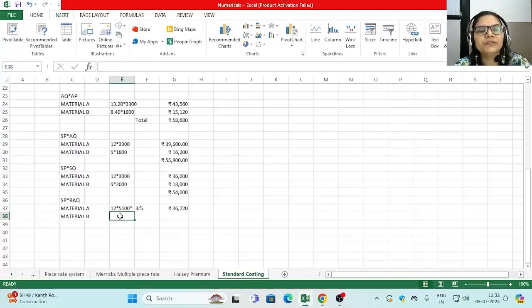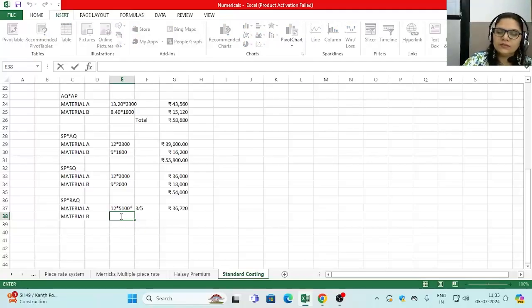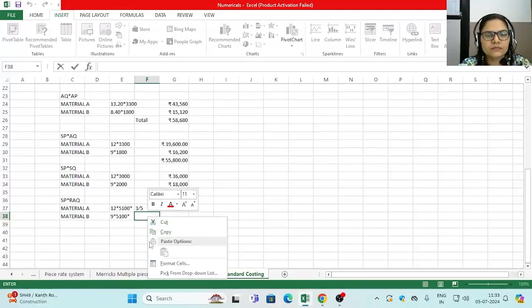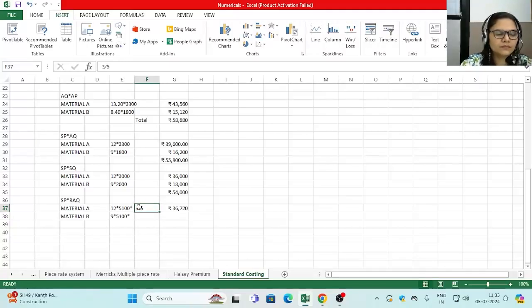Now similar calculation we will do for material B. We know standard price for material B is rupees 9, multiplied by actual mix, and again multiplied by no problem.